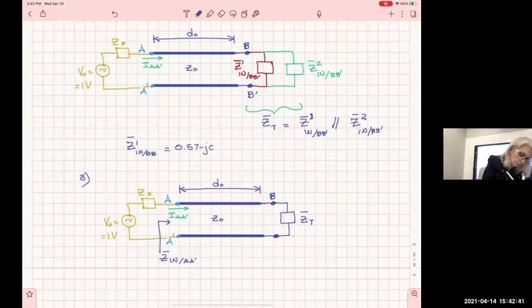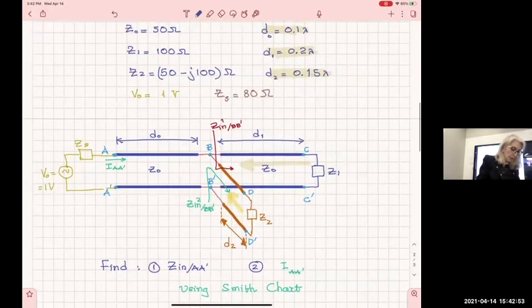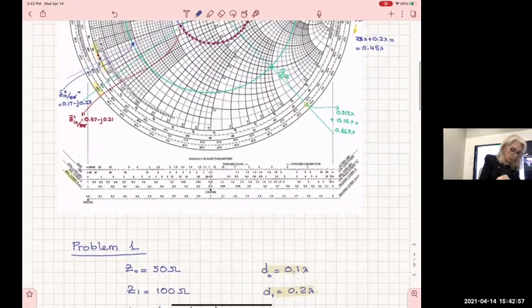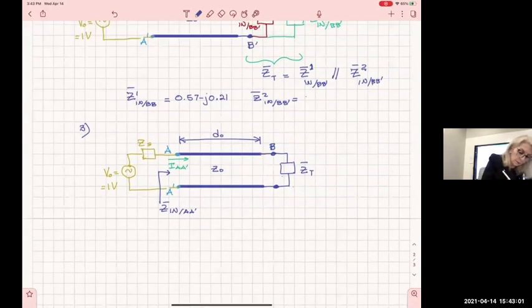And Z2 at BB prime will be, how much? Here, 0.17 minus J 0.23. So it's gonna be 0.17 minus J 0.23. And practically, I have to highlight those so I remember them.